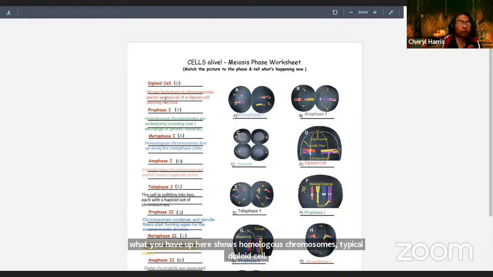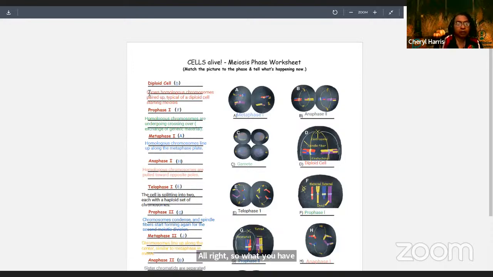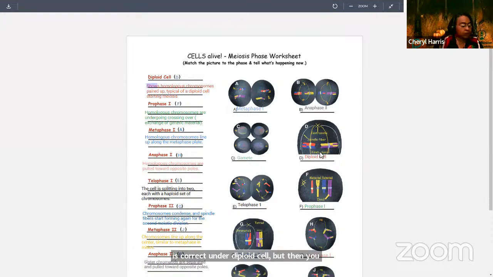All right, so what you have written up here is correct under diploid cell, but then you have it labeled D. So D, when I look at the description and I look at D, that's not the same. So your description can stay, but your letter has to change on your diagram, and your caption needs to change.